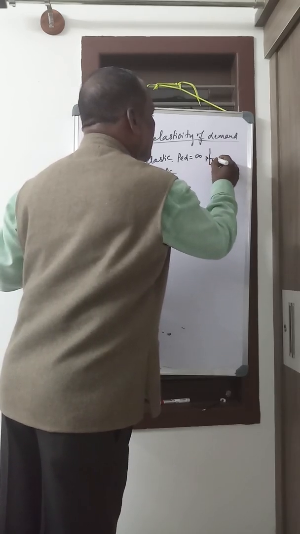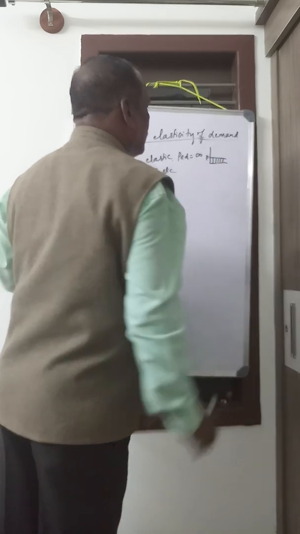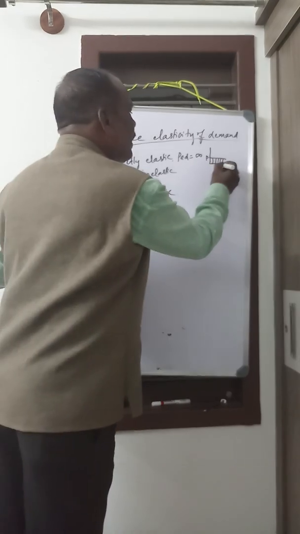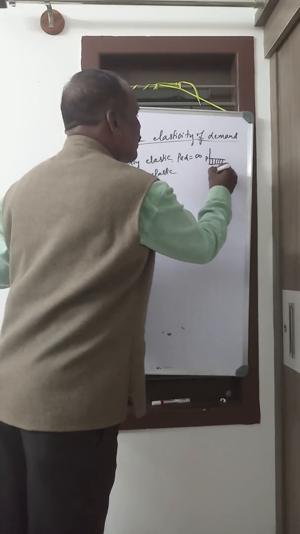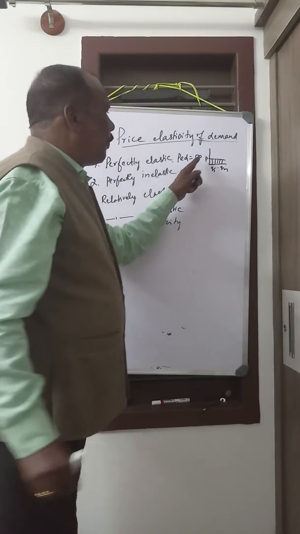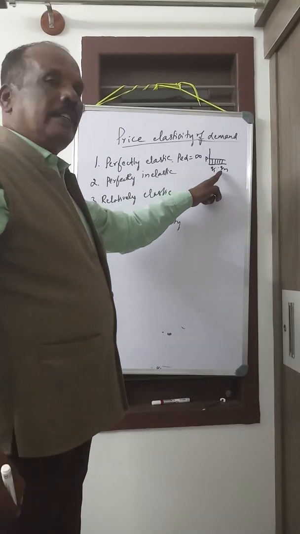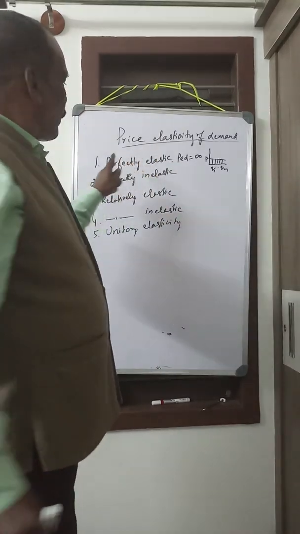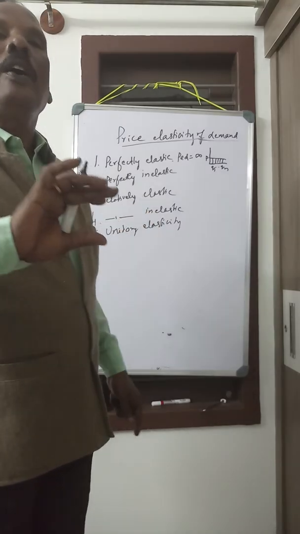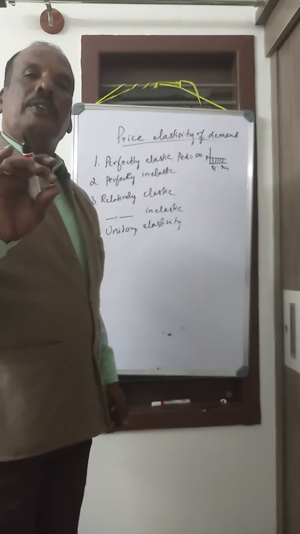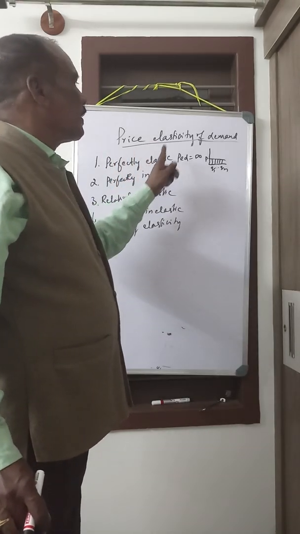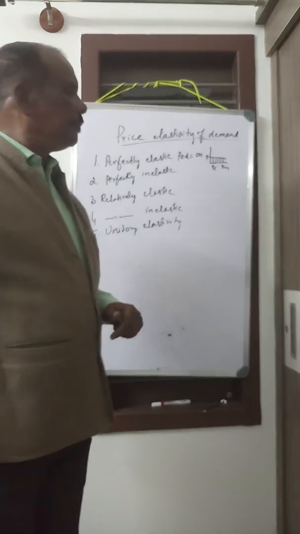A slight change in price leads to infinite changes in Q1 and Qn. Infinite changes in demand. So in this case, how is the demand curve? The demand curve is horizontal. If the demand curve is horizontal, it shows that there is perfectly elasticity of demand.